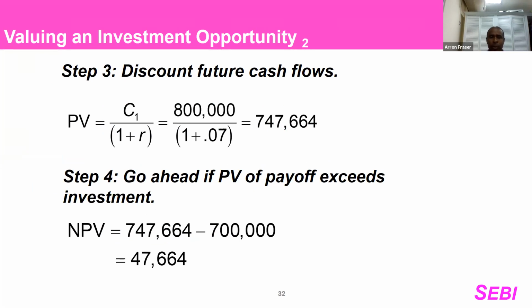The 800,000, using a discount factor of 7%, so that future value of 800,000 in 1 year's time divided by the discount factor of 7% will give you 747,664.